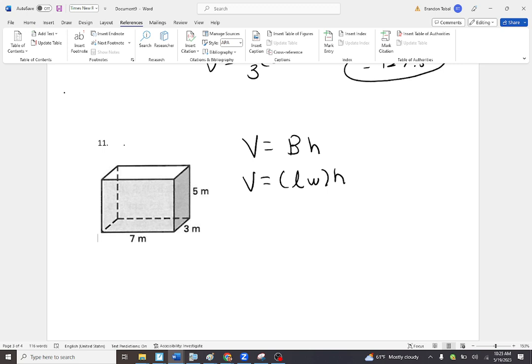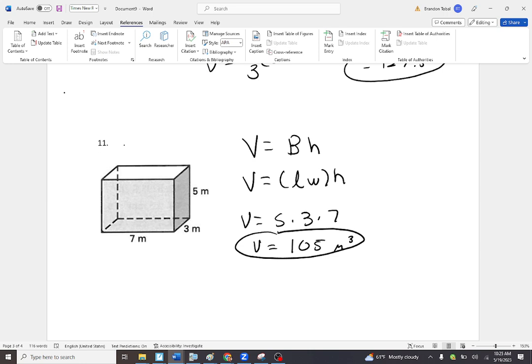In this one, you're very fortunate. You can't actually mess this up because which one you call length, which one you call width, which one you call height, doesn't matter. So 5 times 3 times 7. I purposely made it awkward in order, but it doesn't matter. So 21 times 5. How is the height 7?